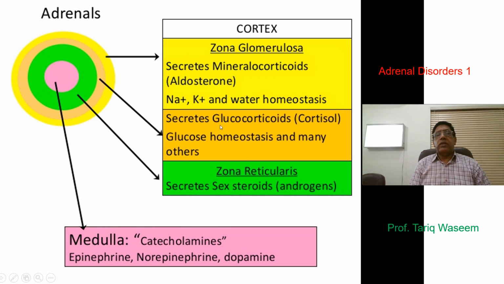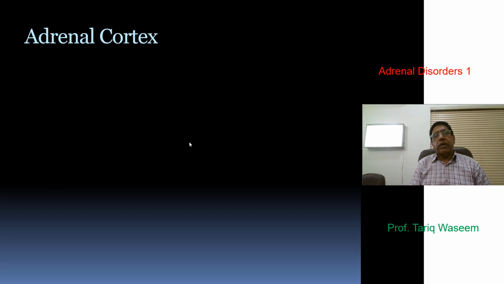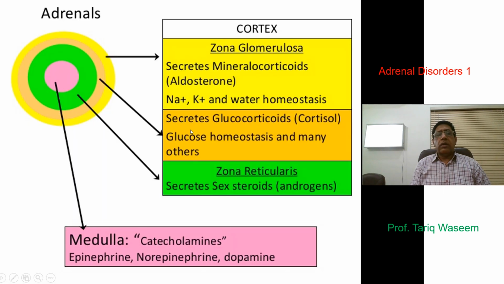As the name suggests, gluco has something to do with glucose, and corticoids with the corticosteroid hormones, in this case cortisol, which is responsible for glucose homeostasis. And then there are many other functions, which include the immune system and certain other metabolism regulations.